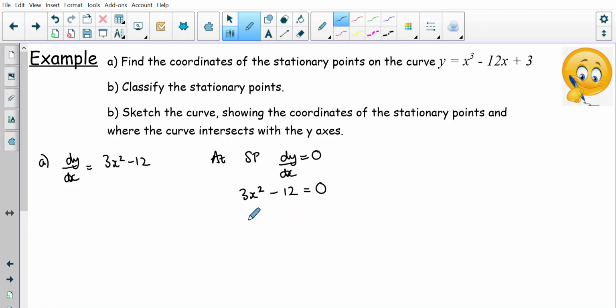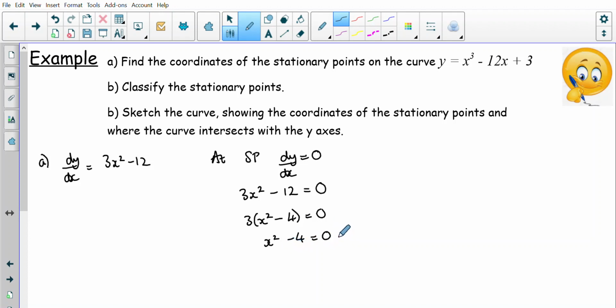If we factorise, we could take out a 3, and we would have 3 lots of x squared minus 4 equals 0. We could then divide through by 3, so we get x squared minus 4 equals 0. We've got a choice here.